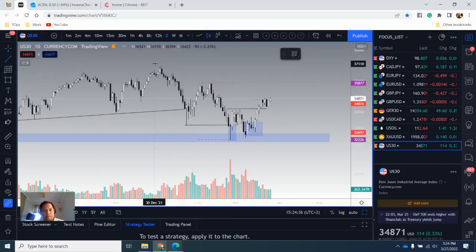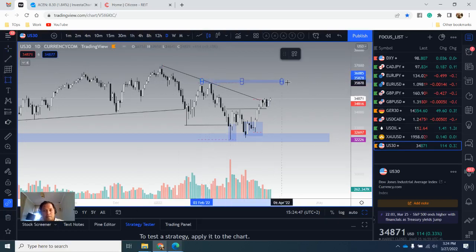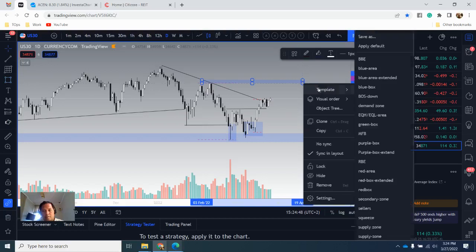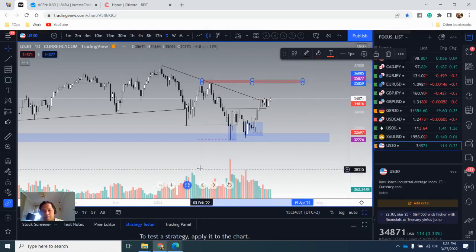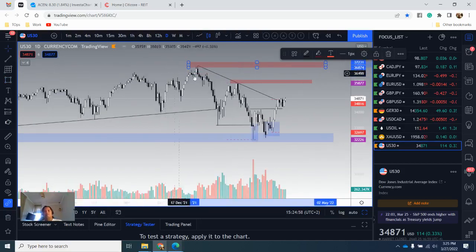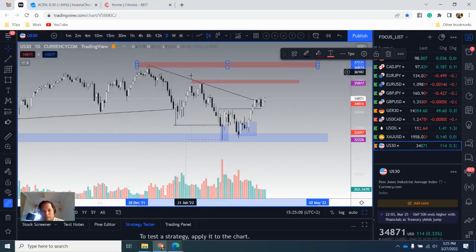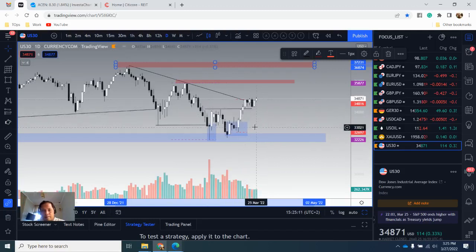By the way, we have here a trend line, which indicates that there are many short positions with stop losses somewhere here. The stop loss is here at the high of the month, which I will indicate with the red area. We also have stop losses here at the high of the structure. So the price can move to stop out those traders who have stop losses here or here. So the high of the market structure.